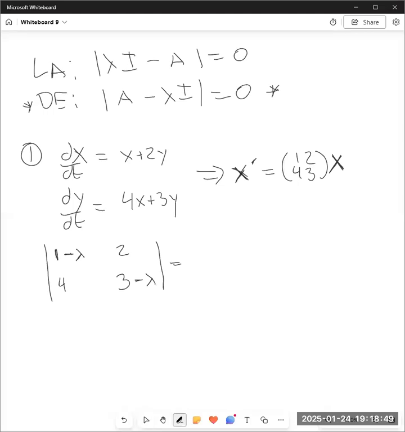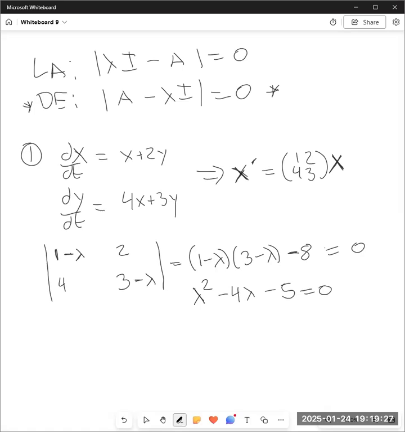So that means that I have 1 minus lambda times 3 minus lambda, minus 2 times 4 is 8, and that needs to be equal to 0. So let's go ahead: a negative lambda times a negative lambda is a positive lambda squared. A negative lambda and a negative 3 lambda is a negative 4 lambda, and 1 times 3 is 3, and 3 minus 8 is negative 5.